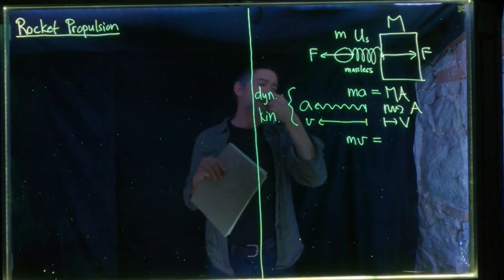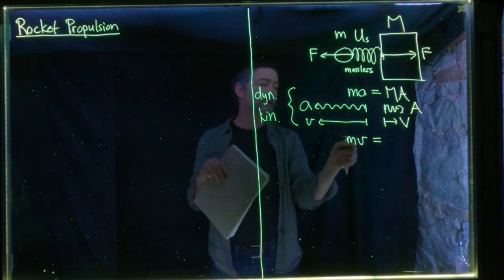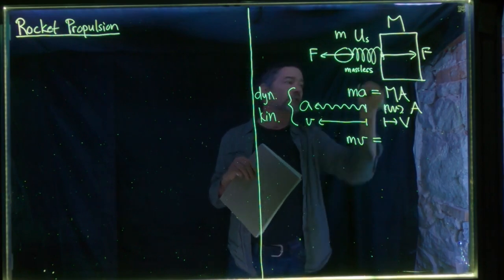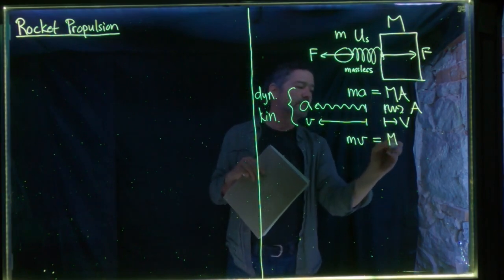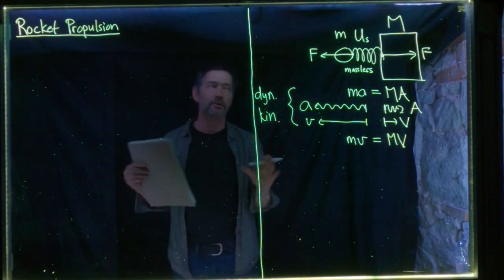So if the cannonball gained a momentum little m, little v to the left, then the boat and the rest of the cannonballs must have gained a momentum big M, big V to the right, which is equal in magnitude. So the total momentum remains 0.